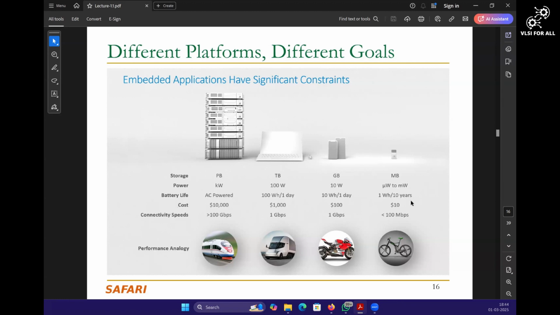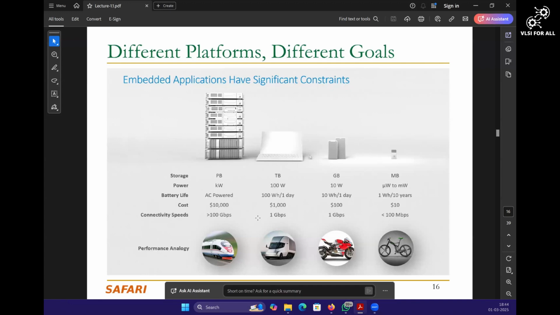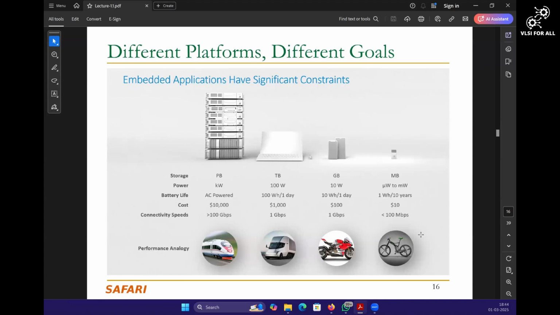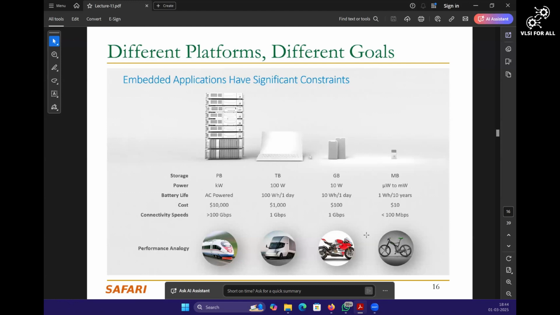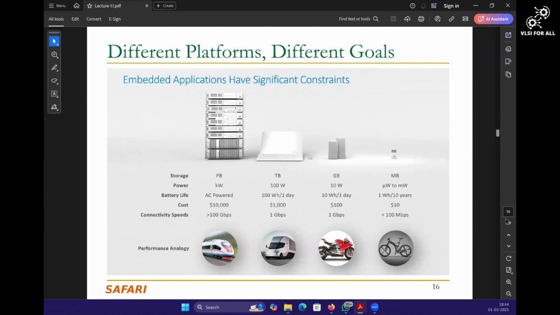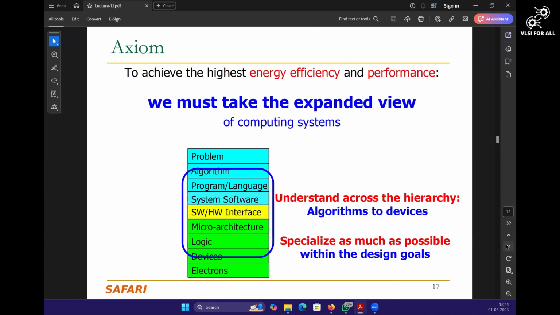Next is the cost. The cost is also varying, and speeds are also varying. You can see the analogy: this can be a bullet train, whereas our embedded systems work at the scale of a bicycle. So whenever you are trying to solve a problem for a specific goal, you need to understand the entire hierarchy, not just design a circuit, not just write a program.